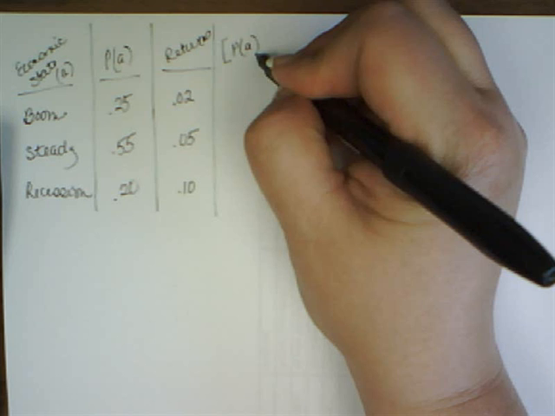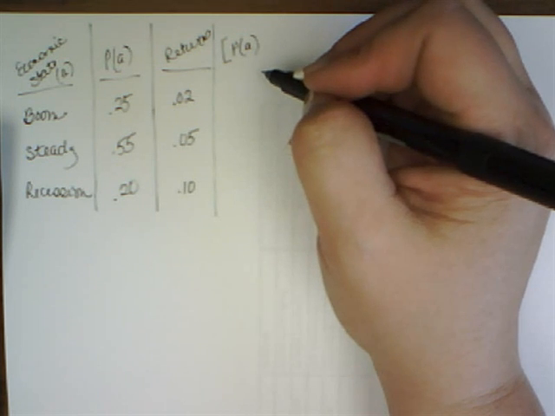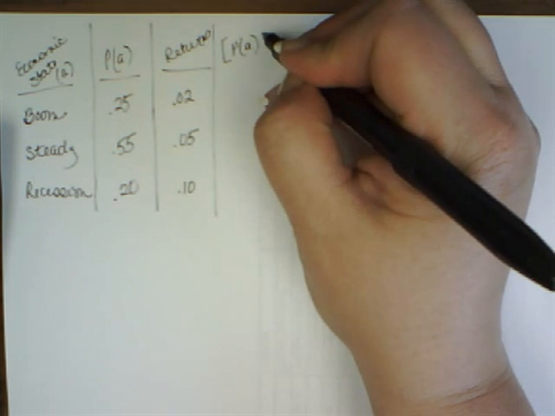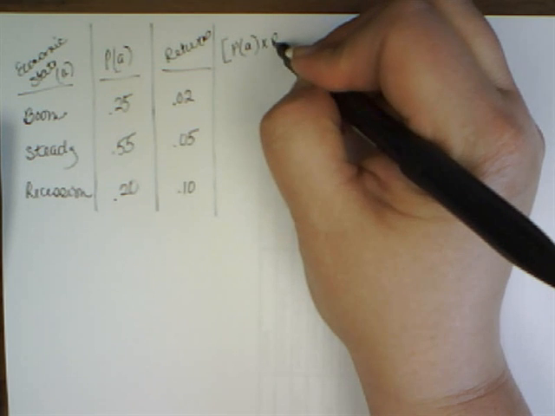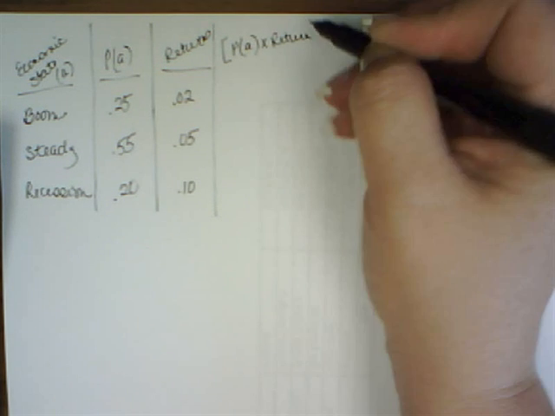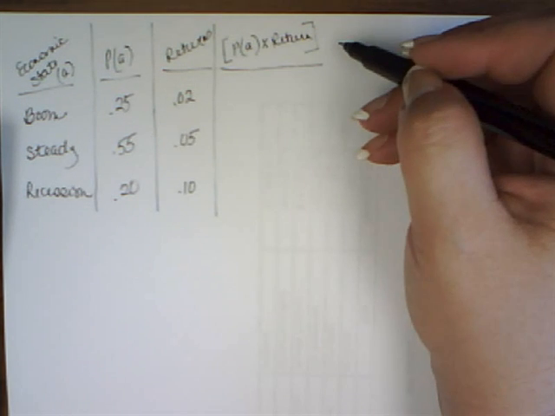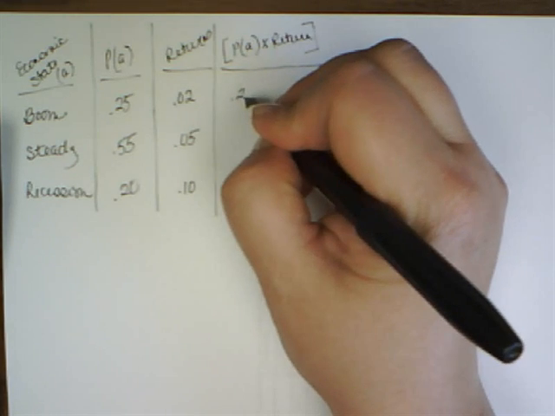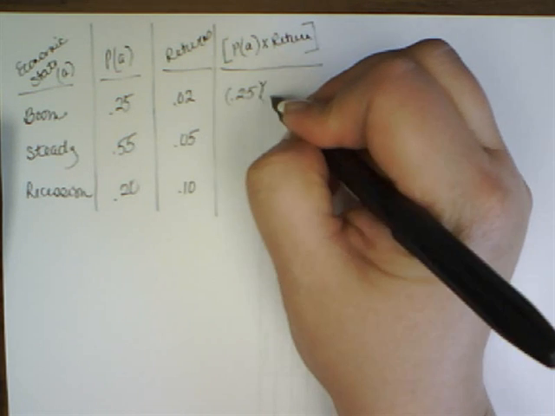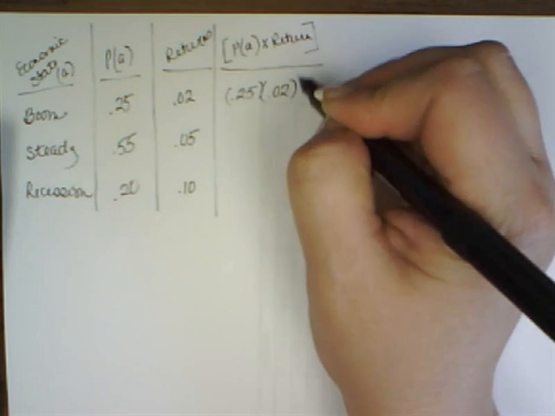Now when we multiply the probability of the economic state times the return, we get the next column, 0.25 times 0.02.